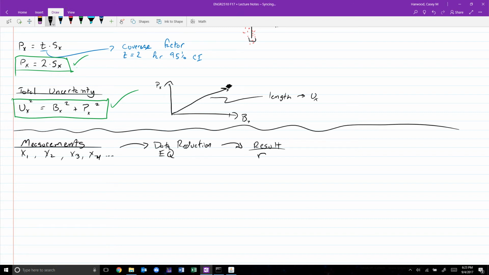In lab 1, we seek, for example, the kinematic viscosity of a fluid, and the measurements are the things we actually have access to, things like length, time, distance. So the way we bridge our measurements to the thing we actually want to know is through this data reduction equation. This will usually take the form of R as a function of x1, x2, x3, x4, etc.